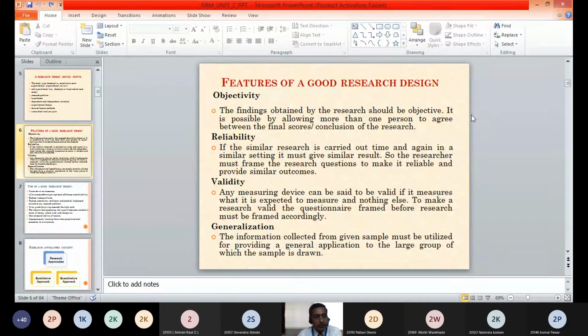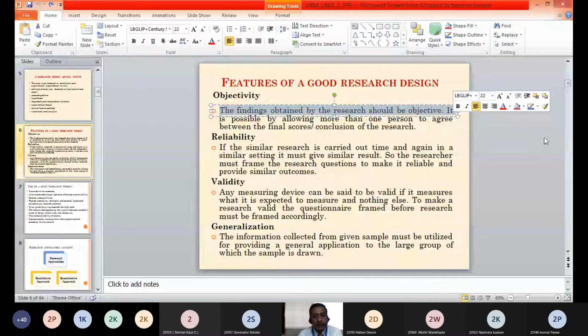Research should not be favored on any side, maybe the management side or the customer side. The researcher should be independent. His findings need to be independent of any bias. So objectivity means the findings obtained by the research should be objective in nature.